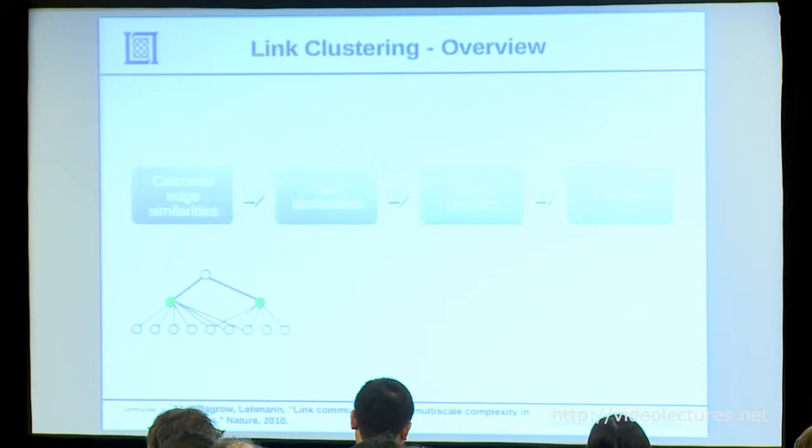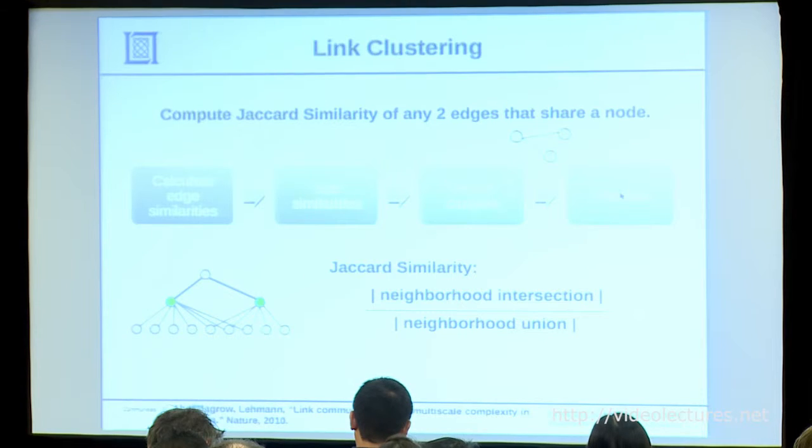So that's the high-level overview. Getting a little bit down into the nitty-gritty, when you compute these edge similarity scores, what are you really doing? The original authors recommended using the Jaccard index, or Jaccard similarity score. For a pair of edges that are touching, you look at the two endpoints that are not touching, and then look at the Jaccard similarity score for their neighborhoods, which just looks like this. It's not so important you remember the details, but remember that it's a fraction of integers.